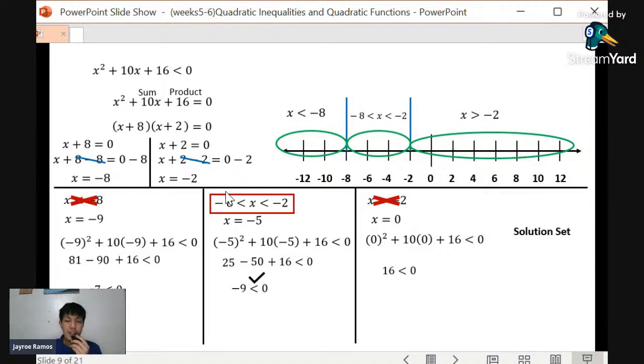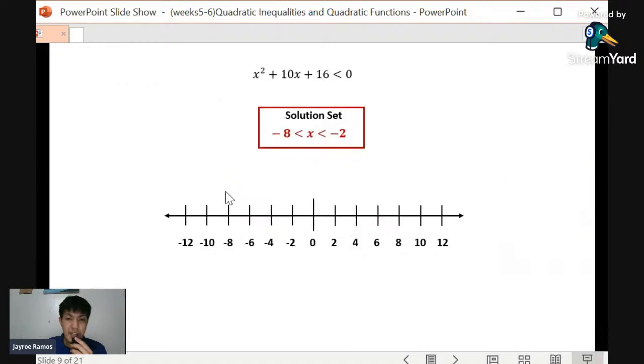Now, the solution set na meron tayo ay yung pangalawa lang. So we have x is greater than negative 8 but less than negative 2. Okay, so magkadugtong yan. Hindi yan magkahiwalay. So now, after that, we're going to graph. Okay, pag nag-graph tayo nito, kasi magkadikit siya eh.